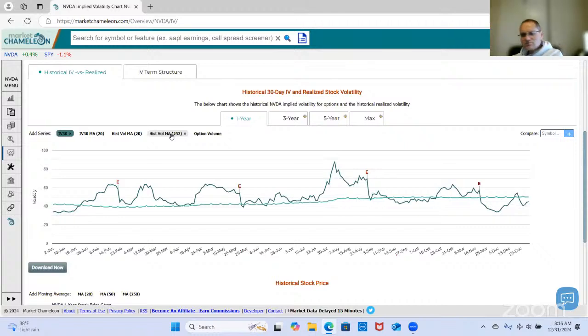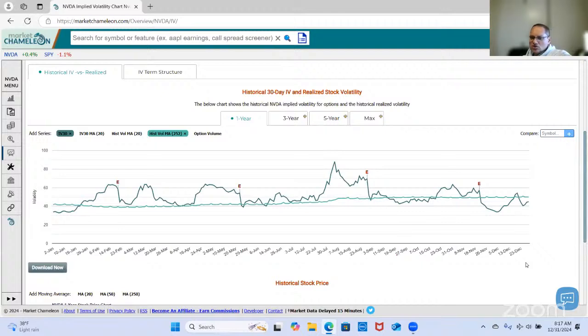And we could see that a lot of it looks like it tends to trade more often above the historical mean than below, even though here we did go below this mean. Okay, and keep in mind these are looking at two different metrics. One is coming from option prices, one is coming from the realized stock volatility. That's what we're comparing.